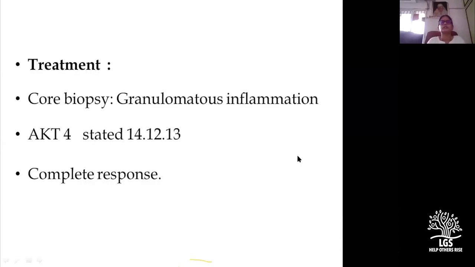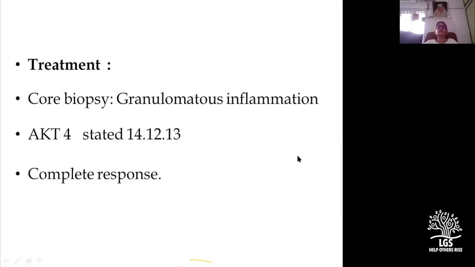And what does it say? It is a granulomatous infection. Granulomatous infection is not very common in very young people. It is more in the 30s and 40s. We do see it in the 20s also, but it's uncommon in very young people.